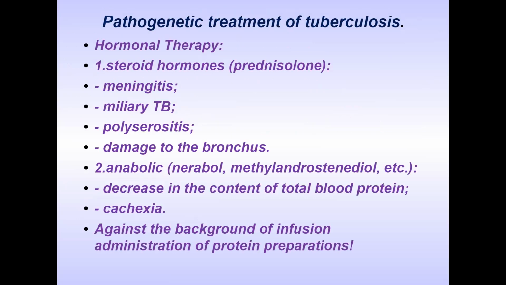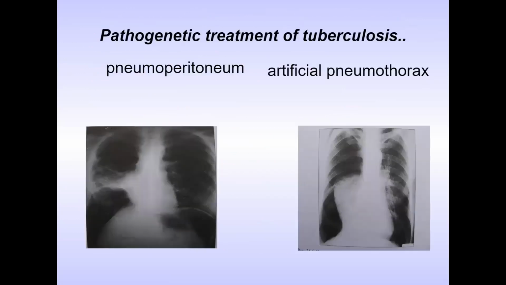Hormonal therapy is steroid hormones. You can see this picture, and anabolic preparations, and against the background of infusion, administration of protein preparations. You can see this picture: pneumoperitoneum and pneumothorax.